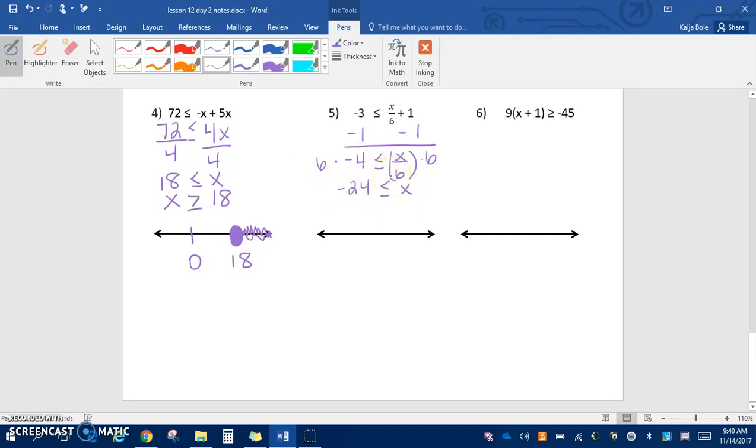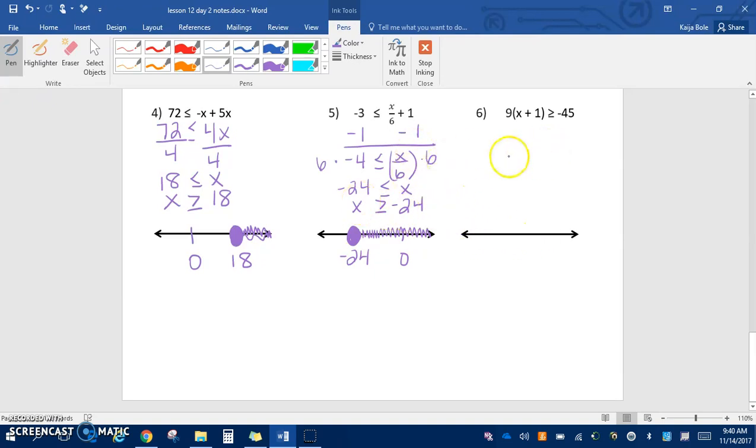So again, if you need to flip the order, this would be x is greater than or equal to -24. So I'm going to have -24. I'm going to have 0. Alright, I'm going to have a closed circle. And now everything greater than or equal to. So that means I am shading everything to the right.